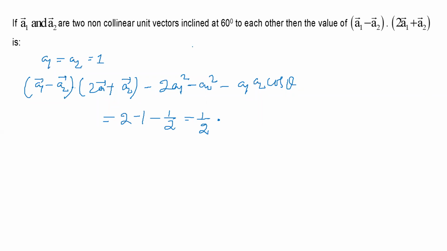A1 and A2 are two non-collinear unit vectors inclined at an angle of 60 degrees to each other, then we want to find the value of A1 minus A2 dot 2A1 plus A2. I'll multiply both, that is A1 minus A2 into 2A1 plus A2.